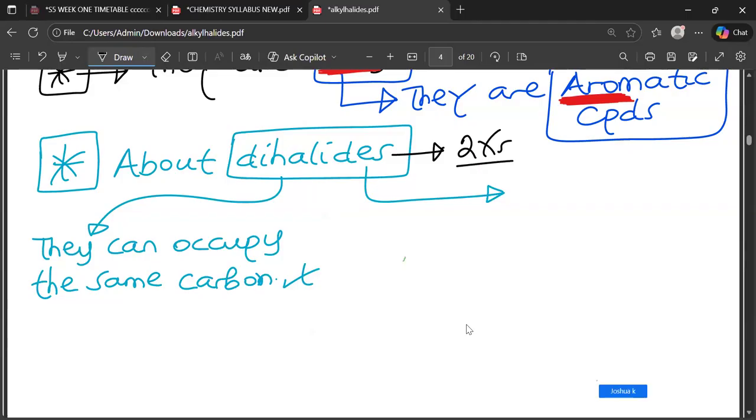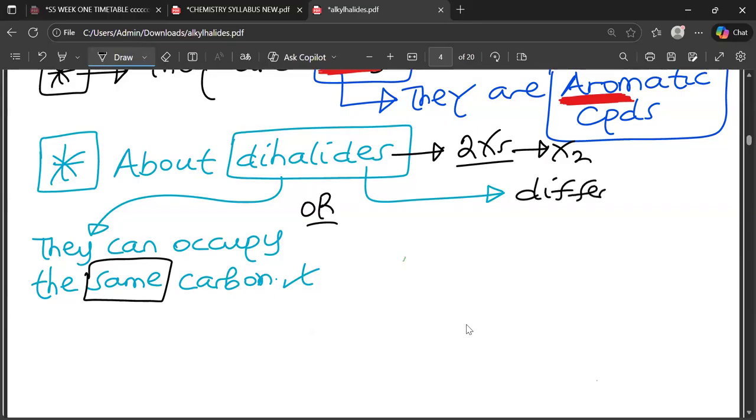You understand? We have X and X. In the example we had, it was Cl2, two X's, what I can call X2. So I'm saying that they can either occupy the same carbon, I'm going to show you what I mean, or different carbons. They can occupy the same carbon or different carbons.